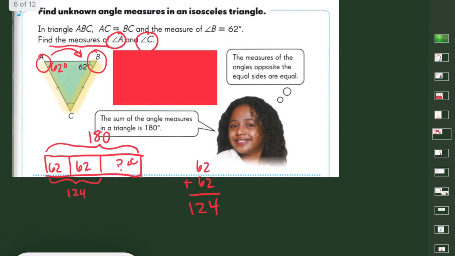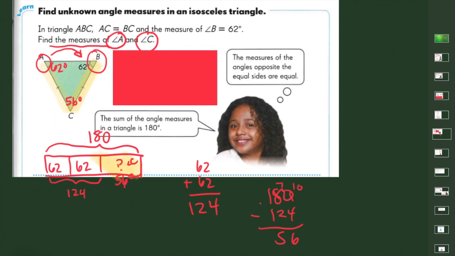And now to find the missing angle measure, I would just need to take the total, 180, and subtract 124. And I can see that the missing angle measure, angle C, is going to be 56 degrees.